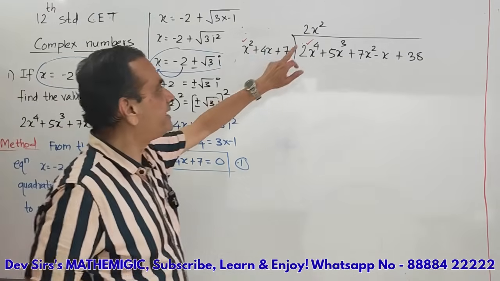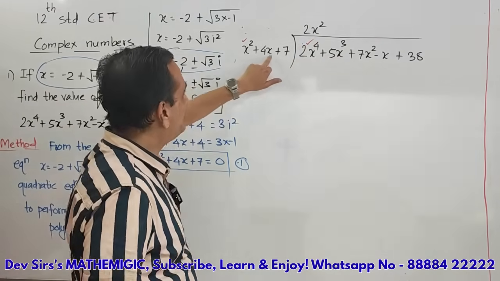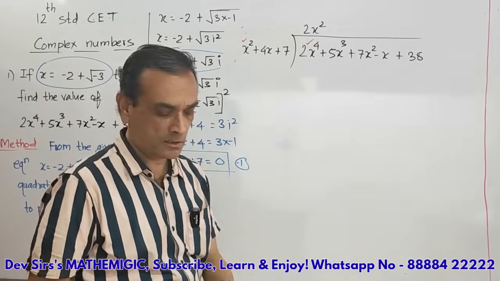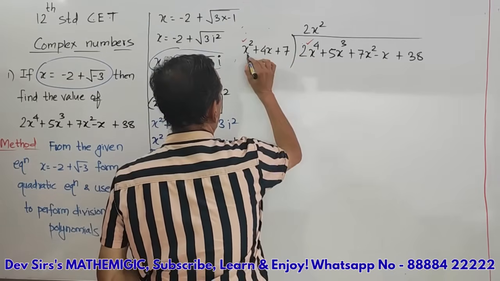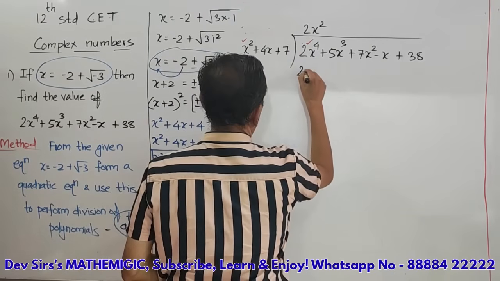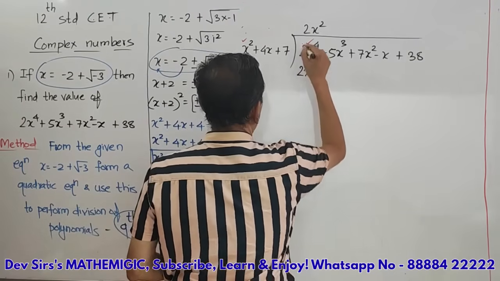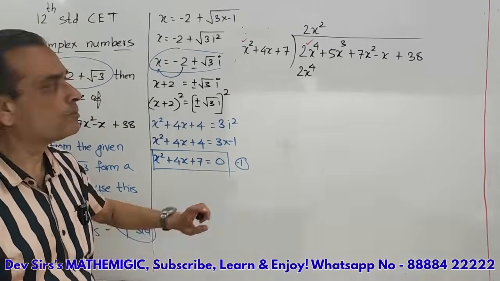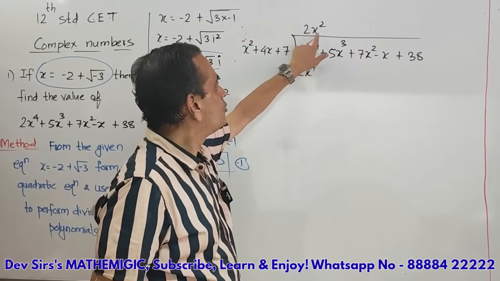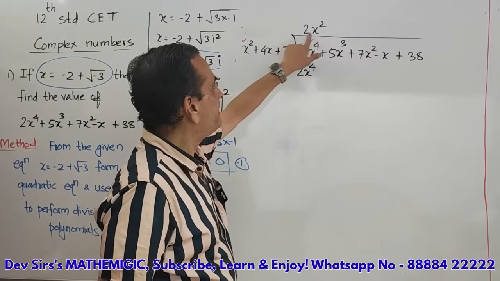Whatever answer we get at the top has to be multiplied to all three terms. So 2x squared into x squared. This first term gets repeated most often. It has to. 2x squared into 4, 2 fours are 8.